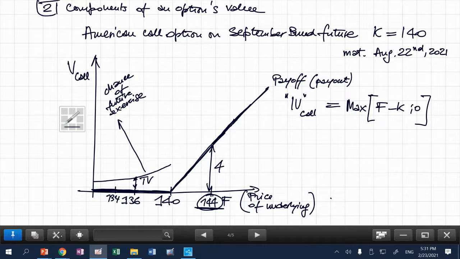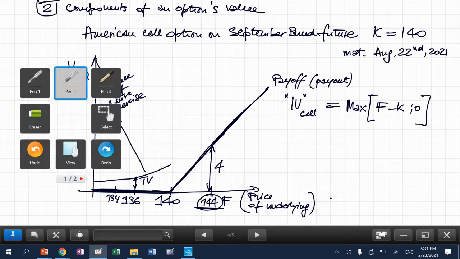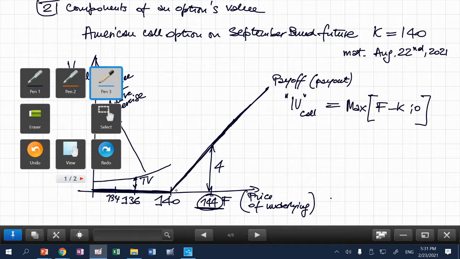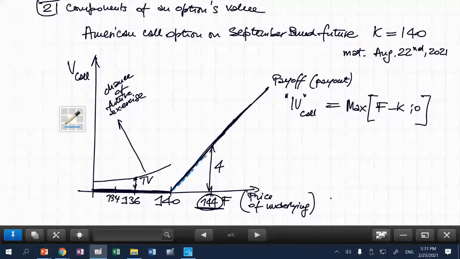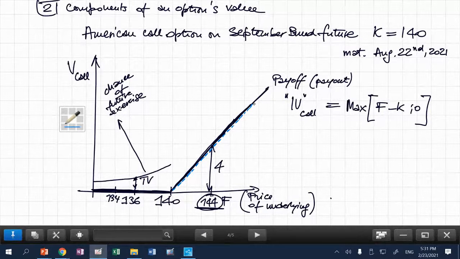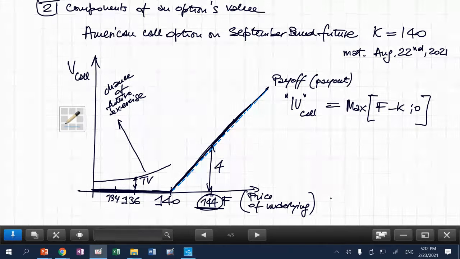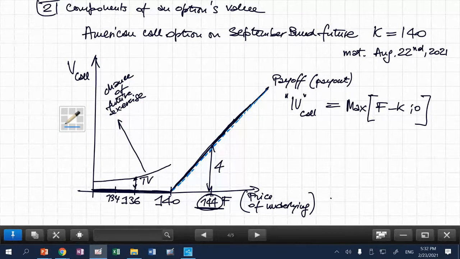Because he could say, look, my position is working exactly in this way. I make exactly f minus k for all possible values of f that he has in the table. Where is the difference between being forced to buy at 140 and having the option to buy at 140?